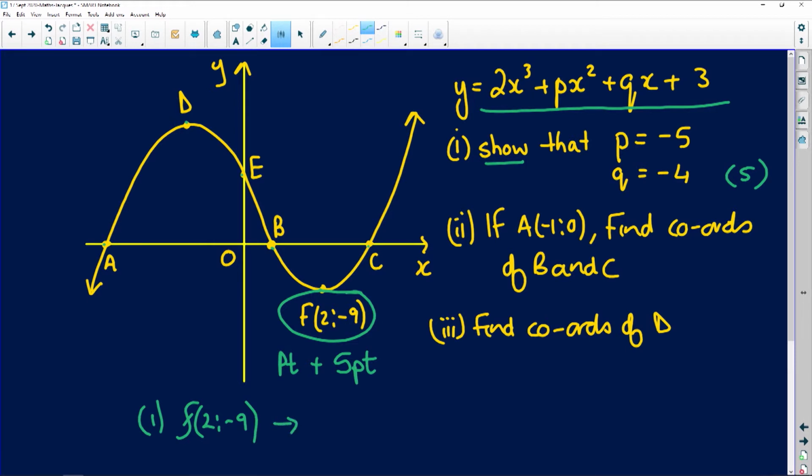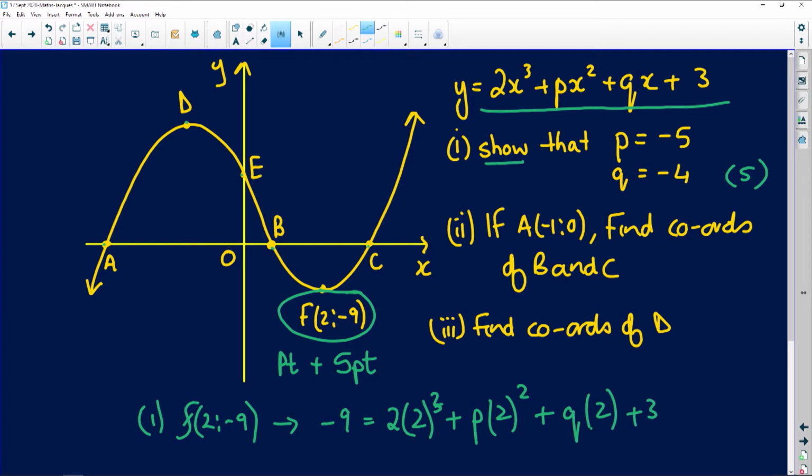So if we use this, then our y value becomes minus 9. So minus 9 will be 2 times, the x values are all 2, so 2 cubed, plus p times 2 squared, plus q times 2, plus 3.